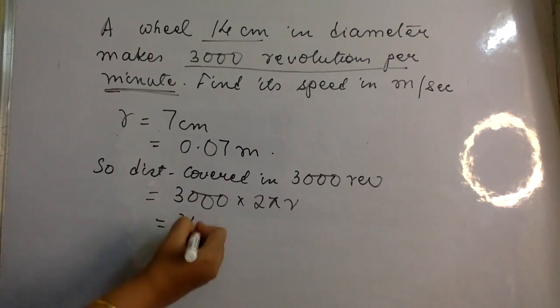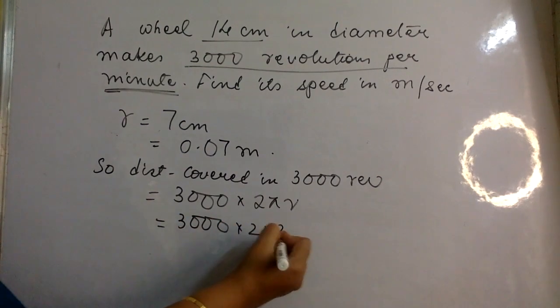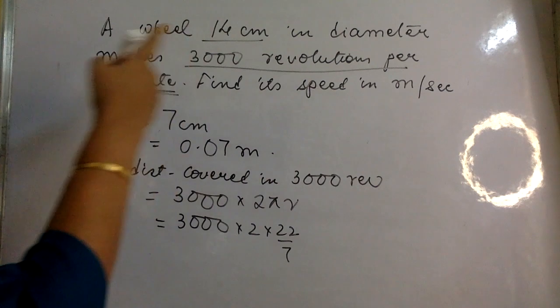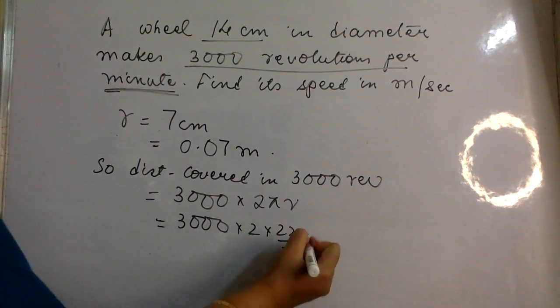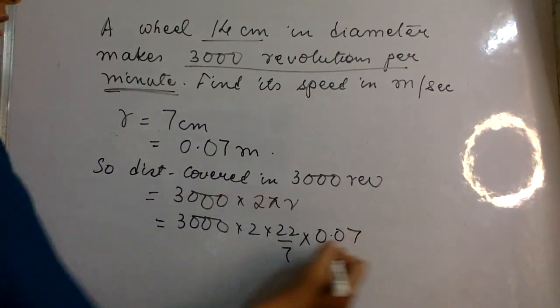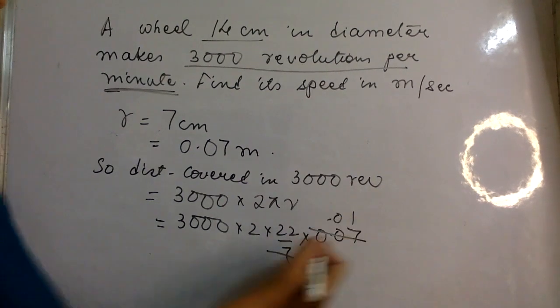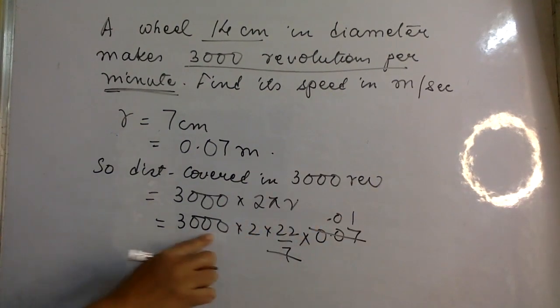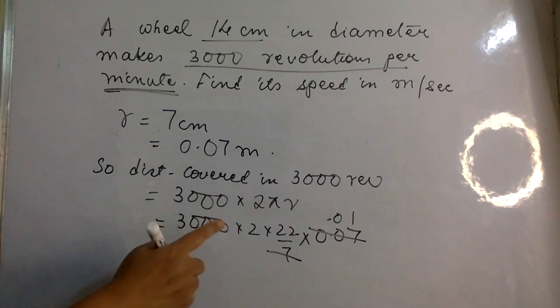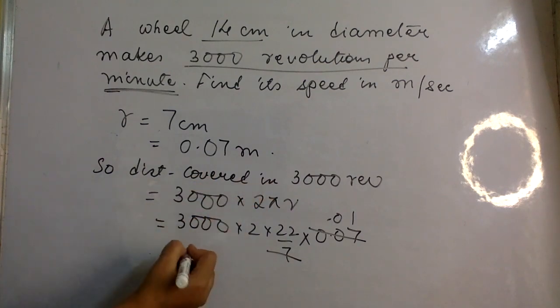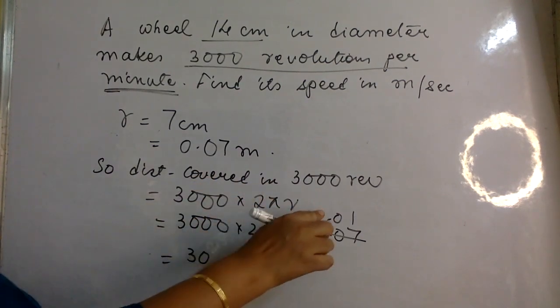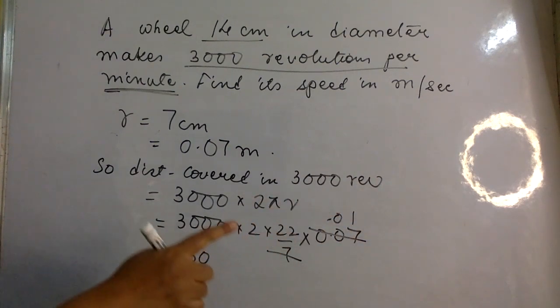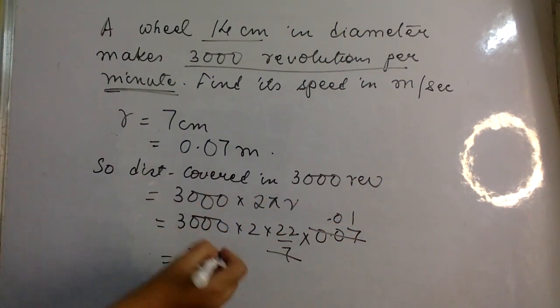So here 3000 into 2 into 22 by 7, because they didn't mention what to take for pi, and r is 0.07. This is 0.01. Multiply this with these two zeros and you can get rid of the decimal completely.